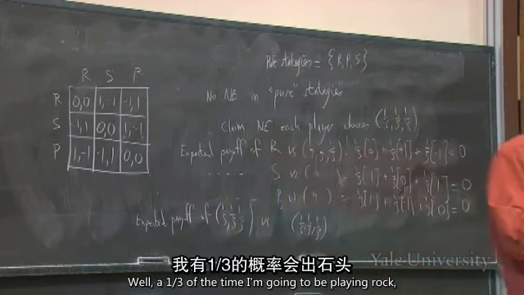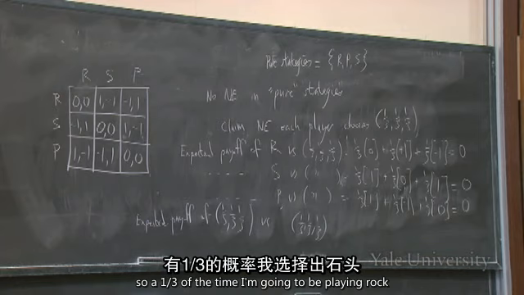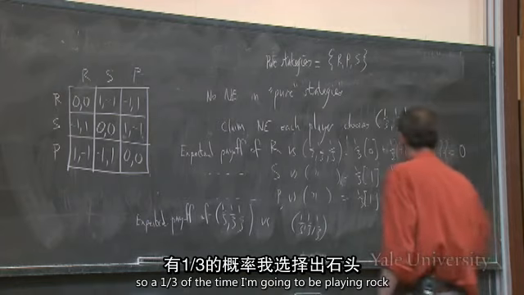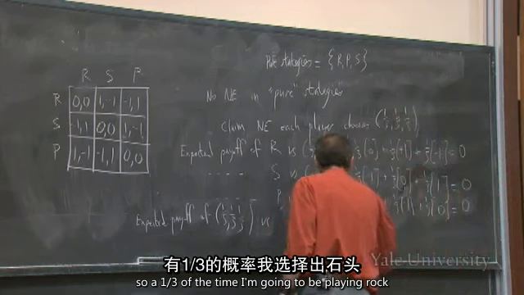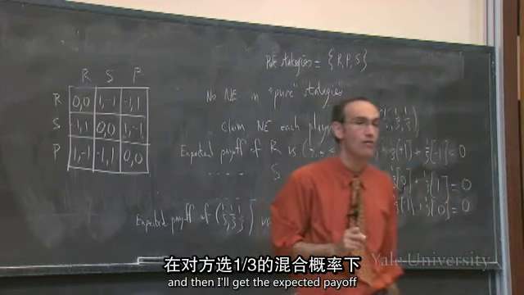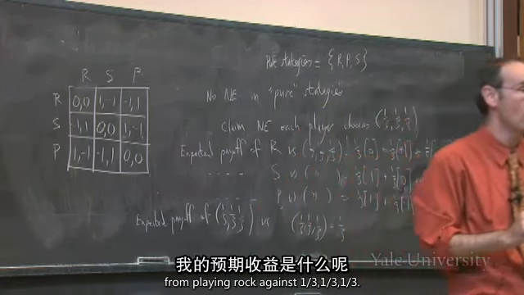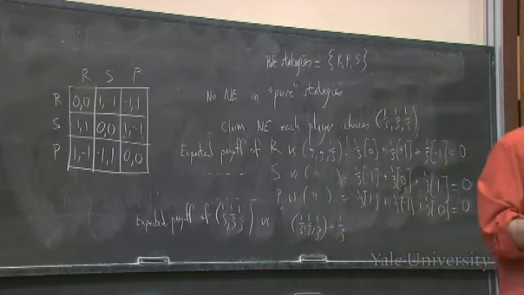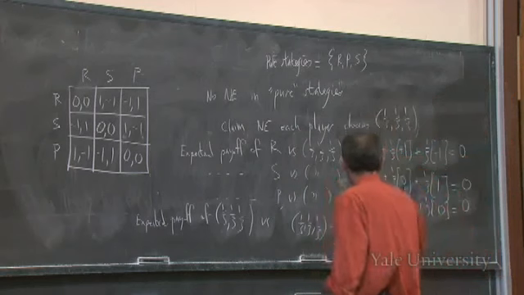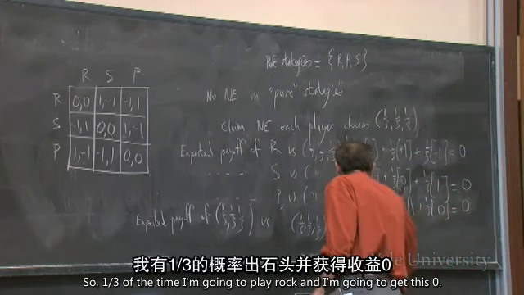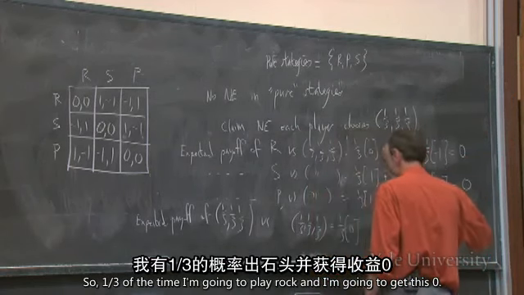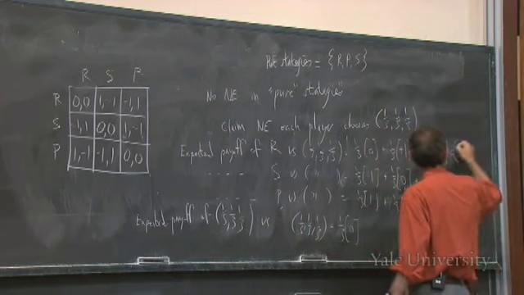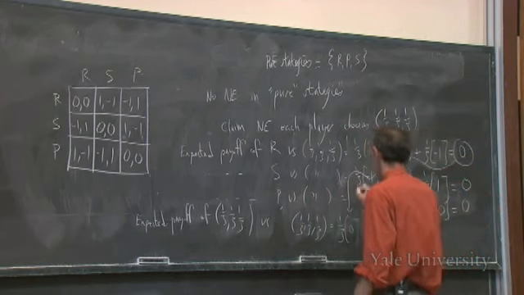Well, a third of the time, I'm going to be playing rock, and then I'll get the expected payoff from playing rock against a third, a third, a third. What was that expected payoff? 0. So a third of the time, I'm going to play rock, and I'm going to get this 0, and I'm wishing I had color. Let me just do it without colors messily.